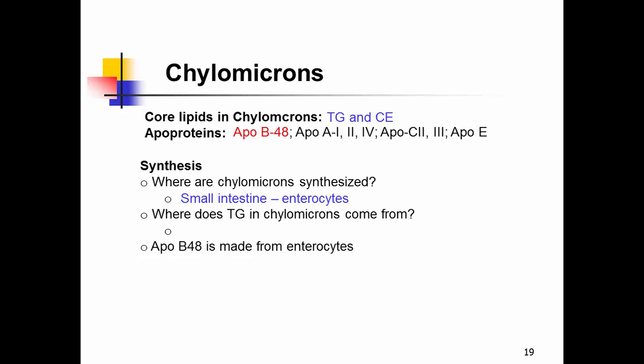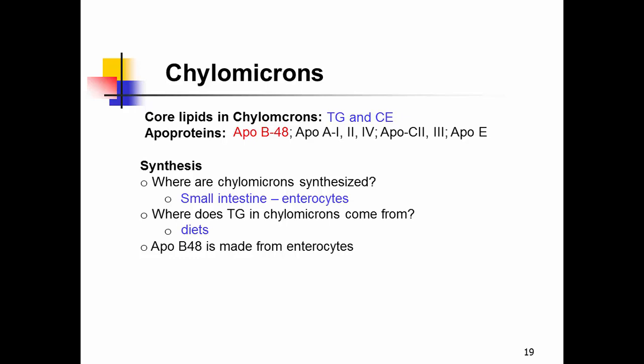And where does the triglyceride in chylomicron come from? The diet. And ApoB 48 is made from enterocytes. So again, chylomicron is a triglyceride-rich lipoprotein.